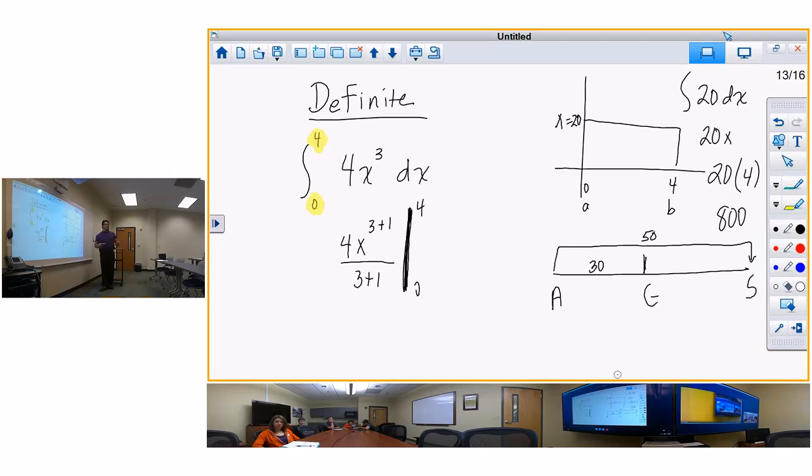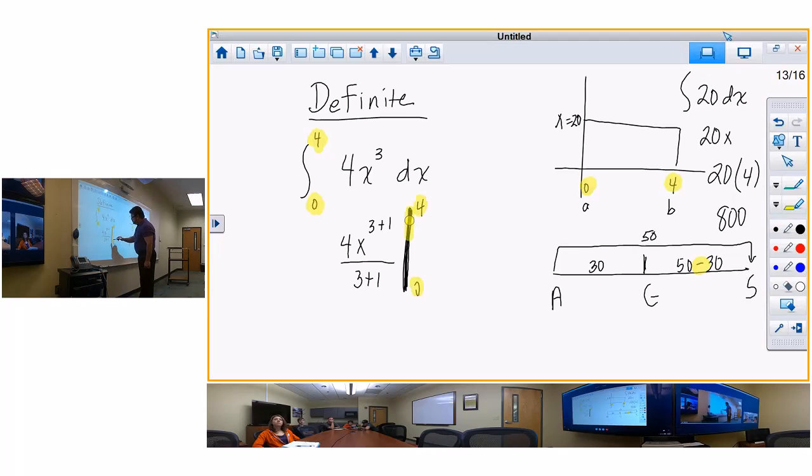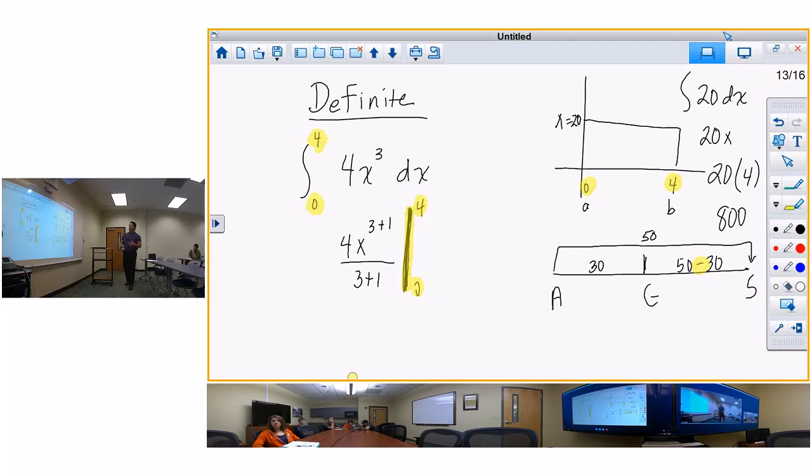So what is the distance from Greenville to Spartanburg? You do 50 minus what? 30. The key word here is what? In order to find the distance from Greenville to Spartanburg, you have to subtract. When you're finding this distance right here, you are going to subtract. And that's what that line means right there. When you evaluate A and B, you're going to subtract.